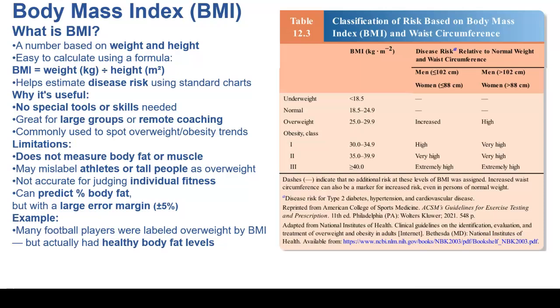It helps us check if someone may be underweight, normal, overweight, or obese. You can calculate it yourself using this formula on the screen: body mass index is weight in kilograms divided by height in meters squared, in metric units. And why is body mass index useful?